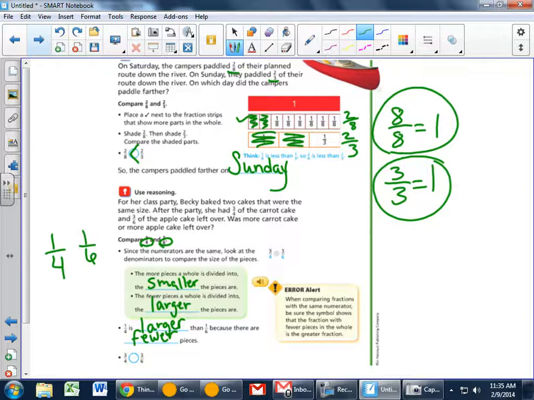So if we look at 3/4 and 3/6, you can think of it this way, that 3/4 is going to be bigger than 3/6. So there was more carrot cake left over.